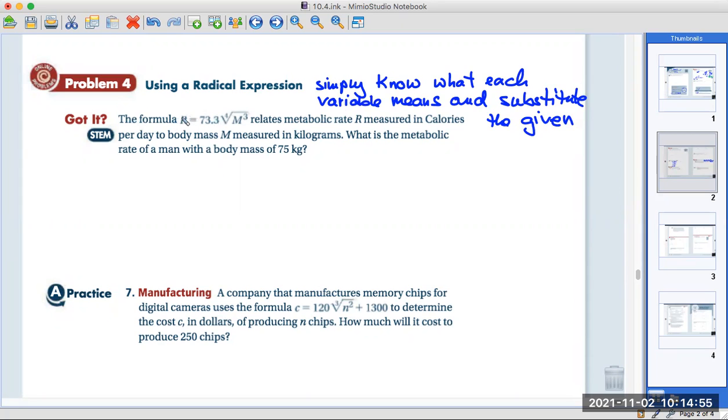The formula R, capital R, equals 73.3 times, there's a times button you don't see, the 4th root of capital M cubed, and the little roof ends here, relates metabolic rate R, measured in calories per day, to body mass M. Do you notice how I'm looking? What is R? I'll write it out here.